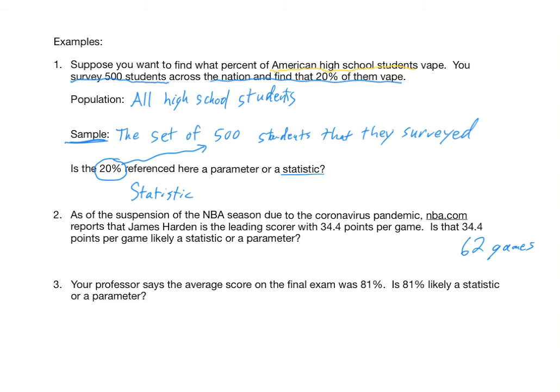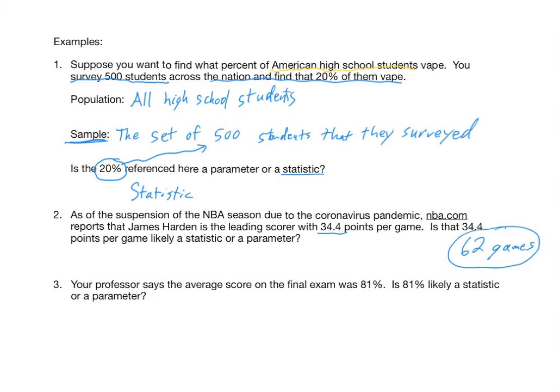Do you think they took 30 games, found how many points he scored in each of those, and then found the average? Or do you think they took all 62 games worth? It's likely that they took all 62 games worth. Why not? 62 numbers is not a very large set of numbers. So they likely computed the average of 34.4 points from all 62 games.